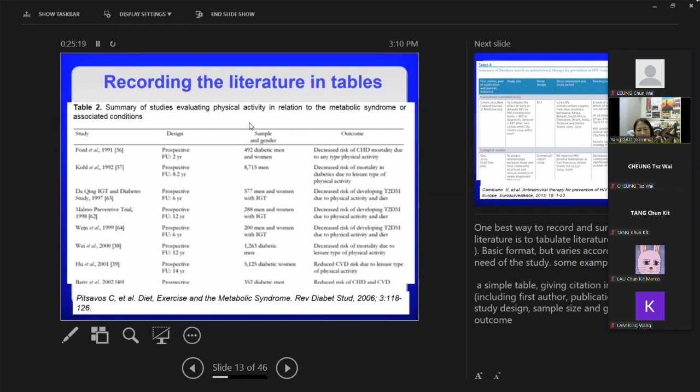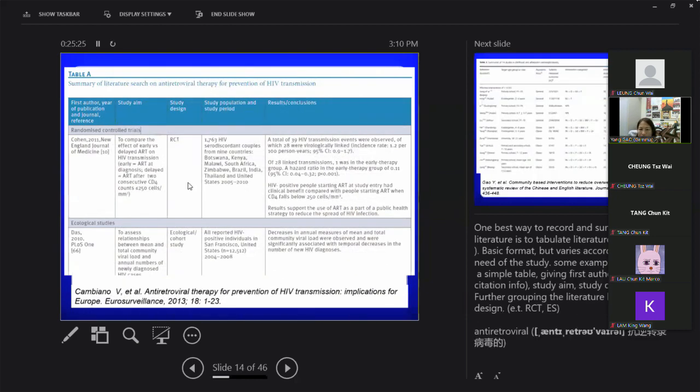So this one is the basic table. And there are also other summary tables, more complicated than the basic one, that can provide more information.